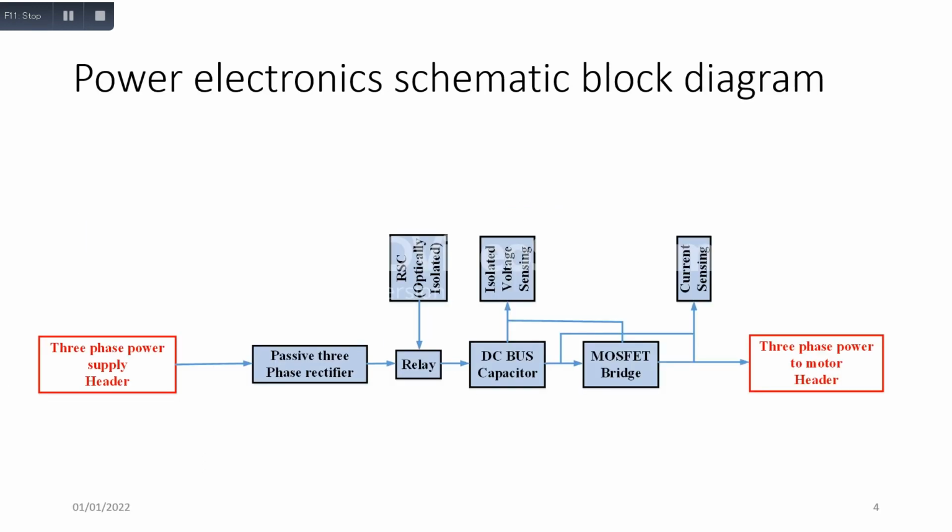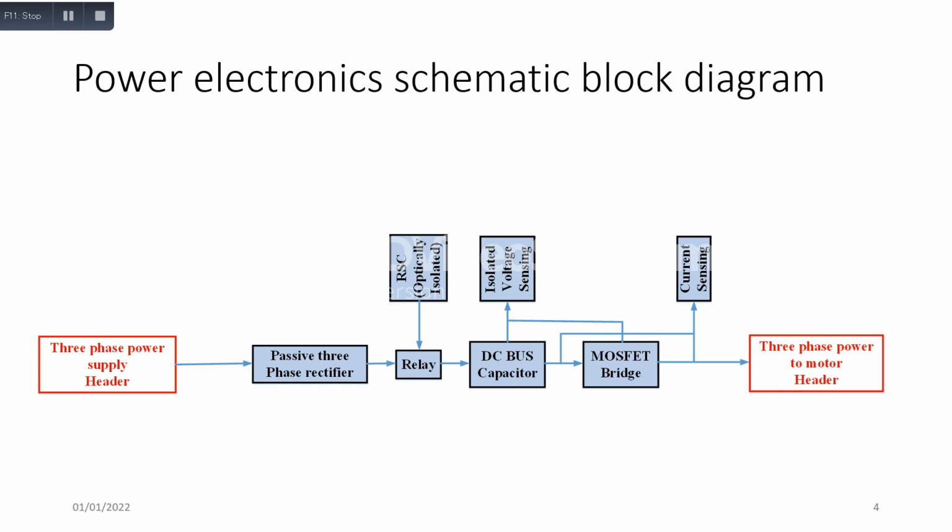If we take out only the power electronics schematics from the previous diagram, it would be as shown in this slide. Let's see each unit one by one. After taking three-phase input from the three-phase power supply, the voltage is rectified by the passive rectifier unit.